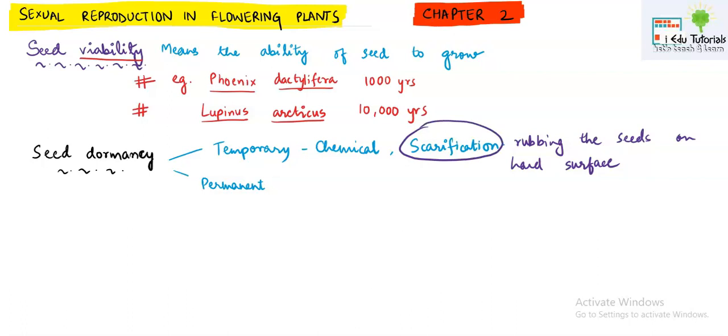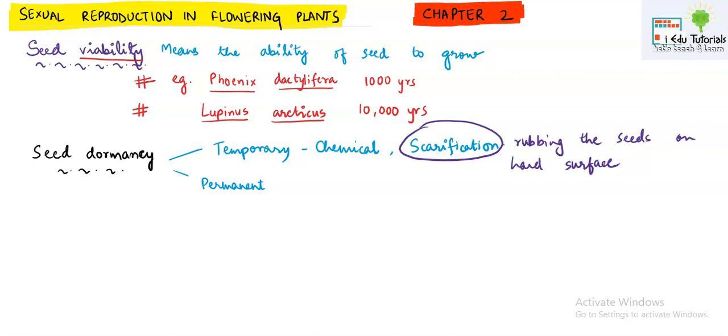So temporary seed dormancy can be removed by dipping the seeds in water. If the seeds have some chemicals which are resisting growth, then these chemicals are released in water and the dormant seeds will become viable. Sometimes when the seed coat is hard, scarification is done wherein the seeds are rubbed on a hard surface.